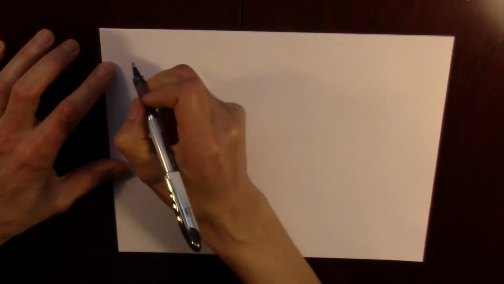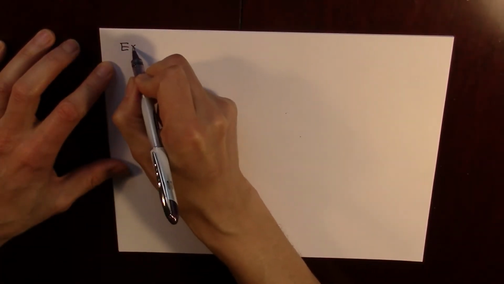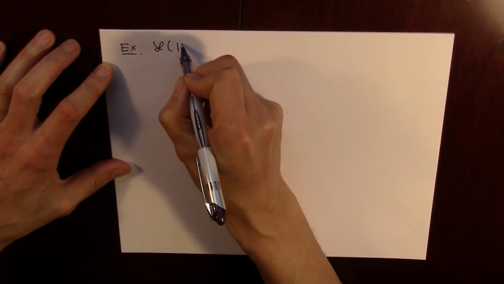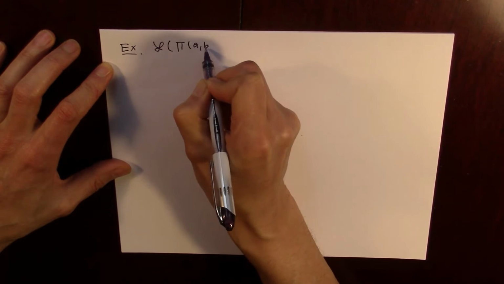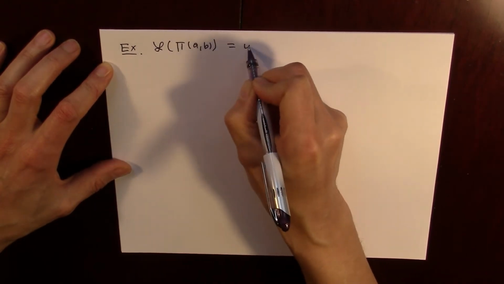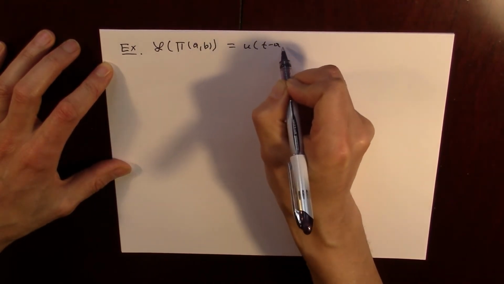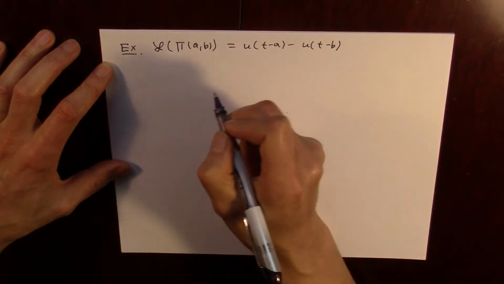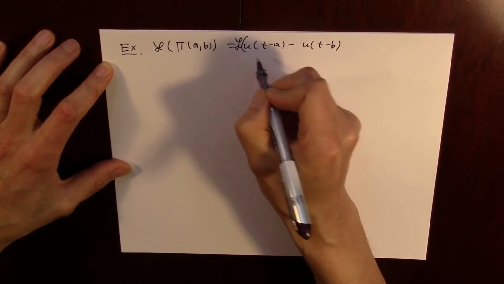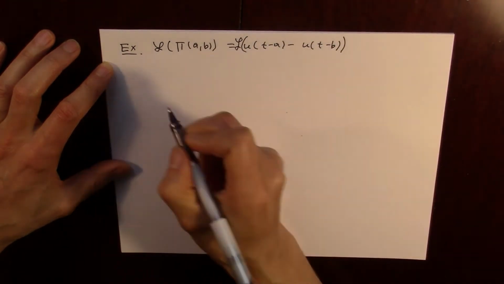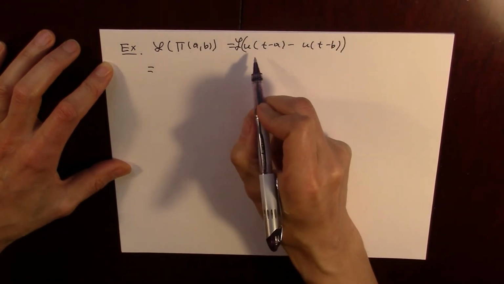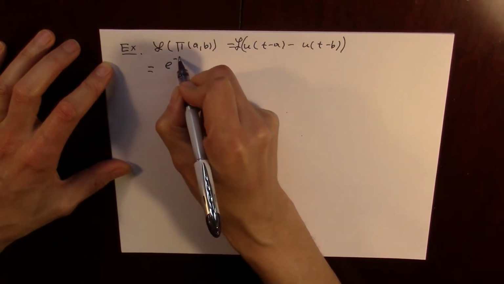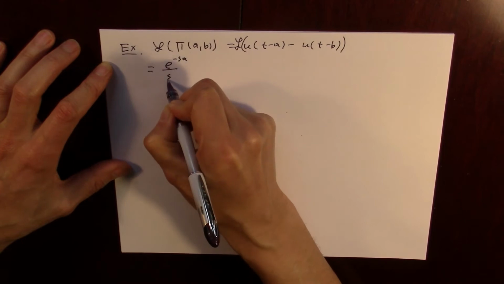Now let's write an example. If I want to find the Laplace transform of the window function between a and b, that is the step function of t minus a minus the step function of t minus b, and I want to take the Laplace transform of that expression. The Laplace transform of u of t minus a is e to the negative sa over s.